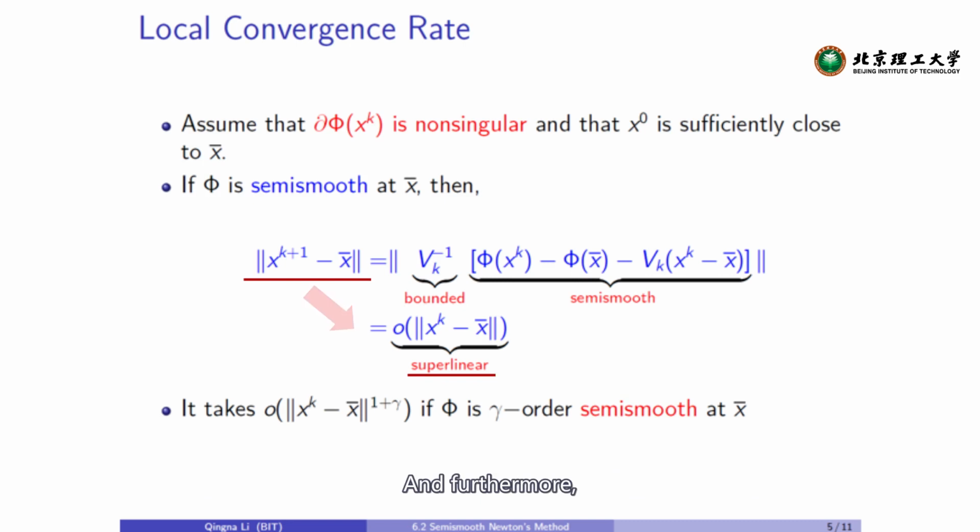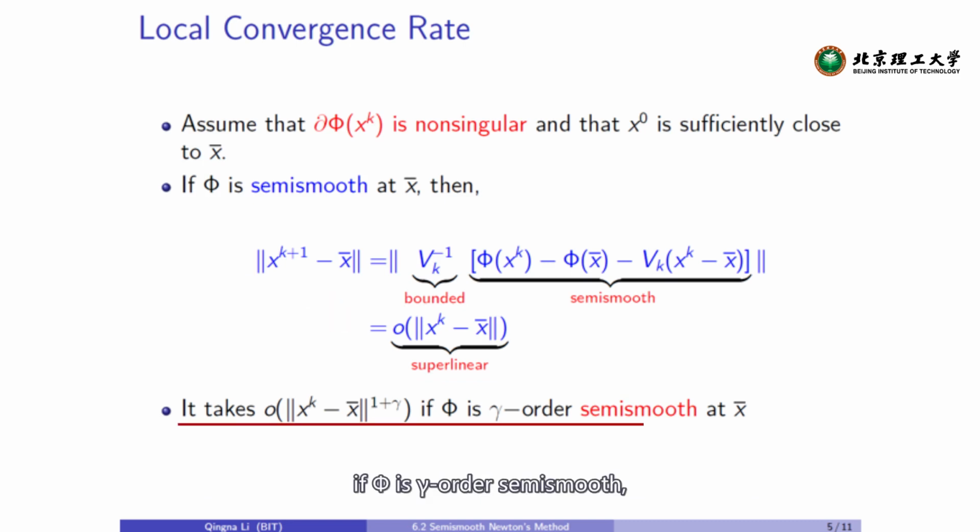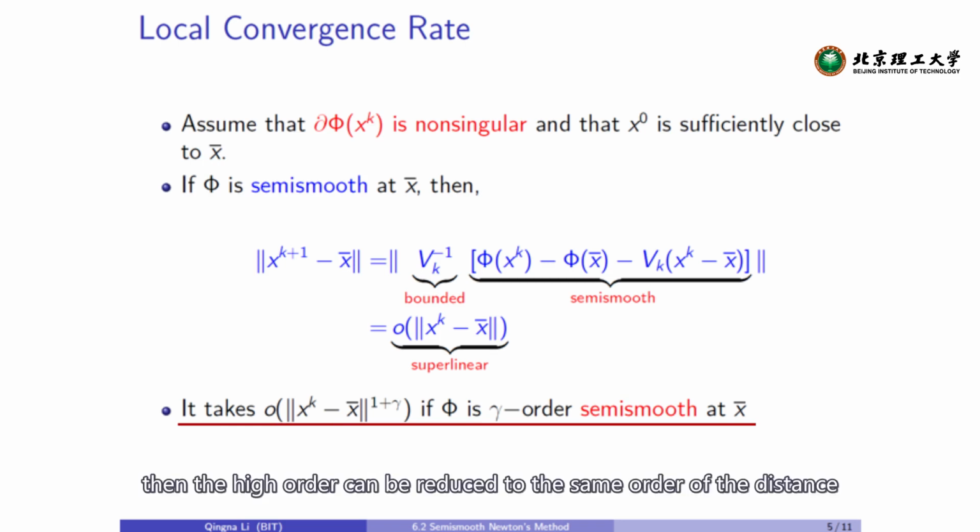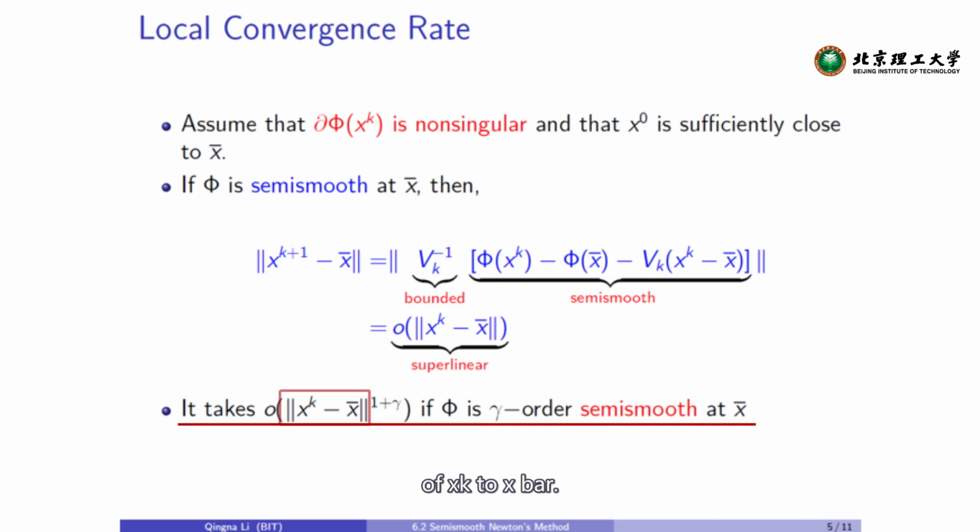And furthermore, if phi is gamma-order semi-smooth, then the higher order can be improved to the same order as the distance of xk to x bar, with the order being 1 plus gamma, okay?